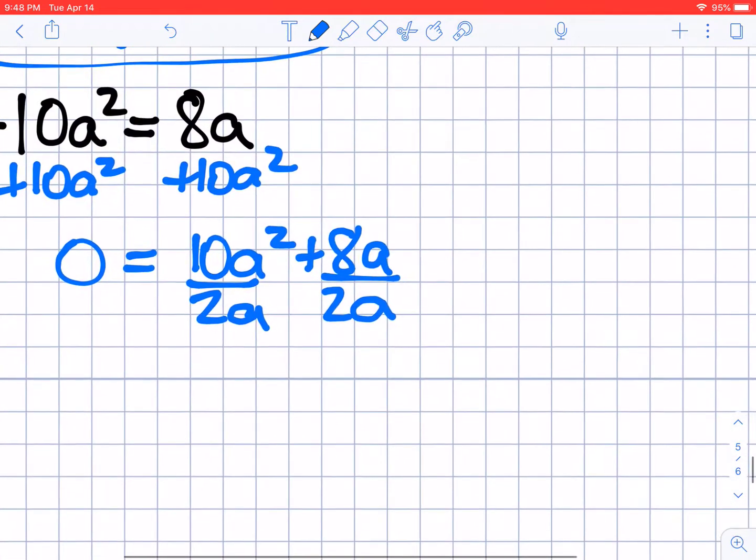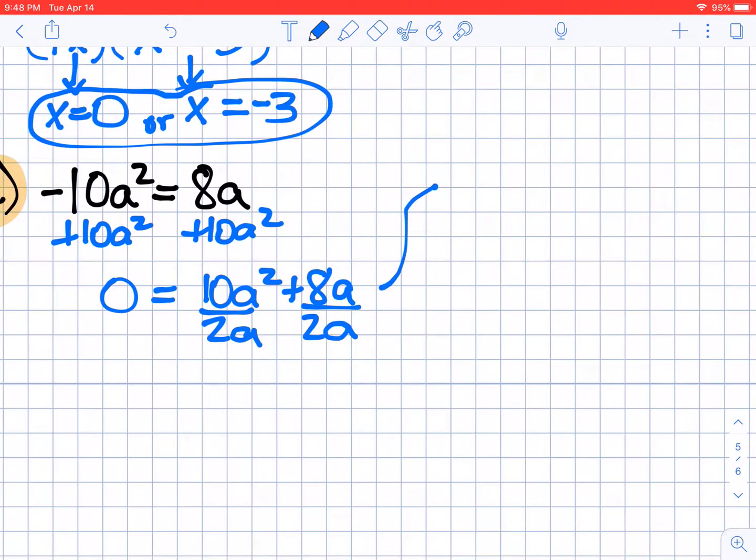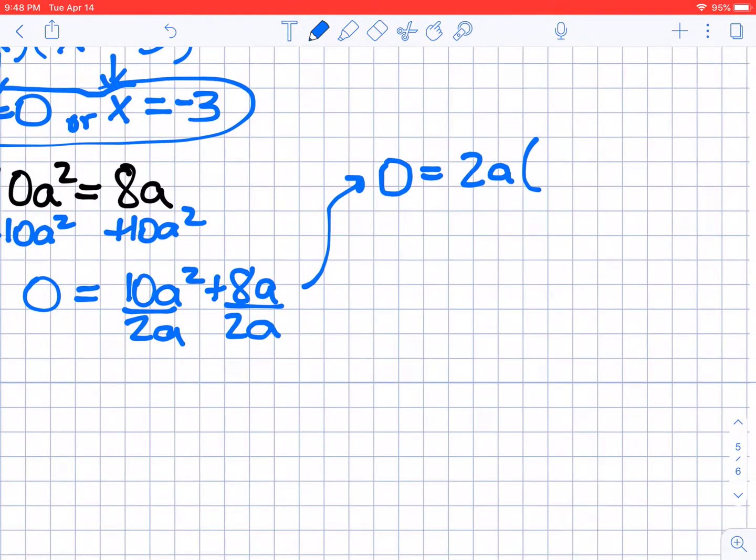All right, so I'm going to rewrite this. Since I'm running out of room here, I'm going to go over here. I'm going to say 0 equals, and I'm going to take the 2a, put that in front, and now again I ask myself what's left after I pull out that 2a. So 10a squared divided by 2a is 5a.